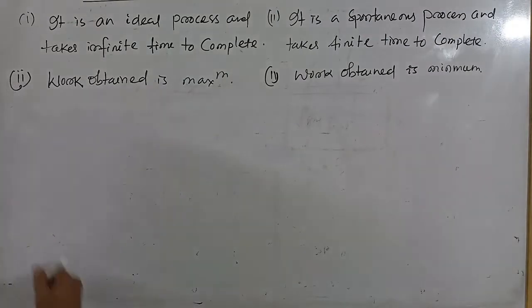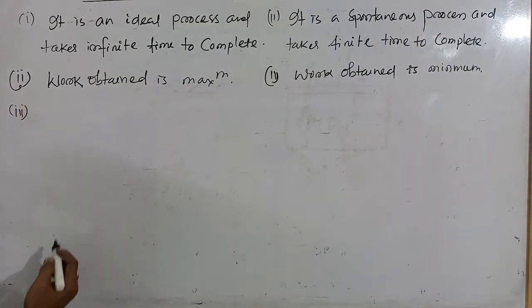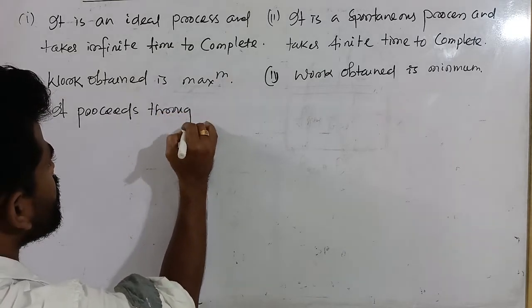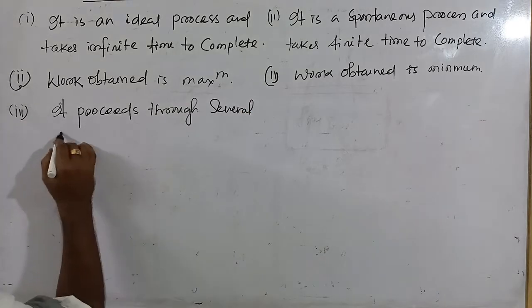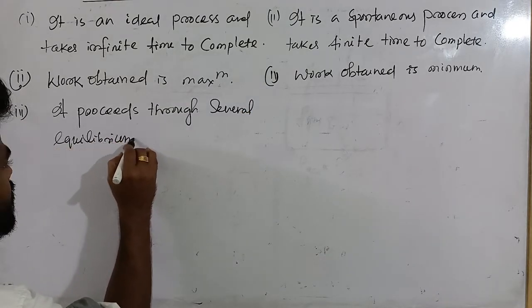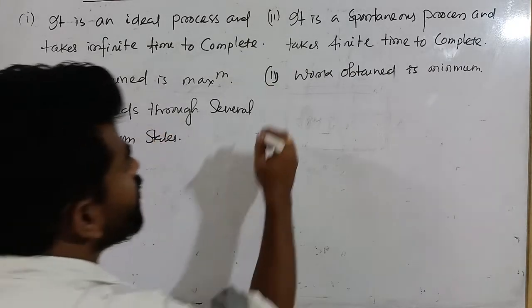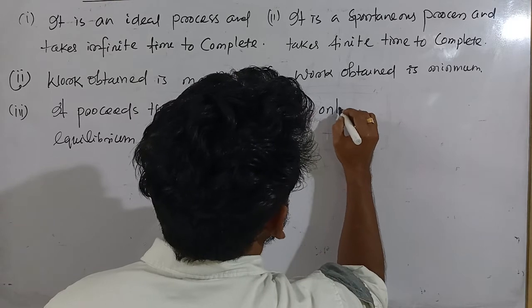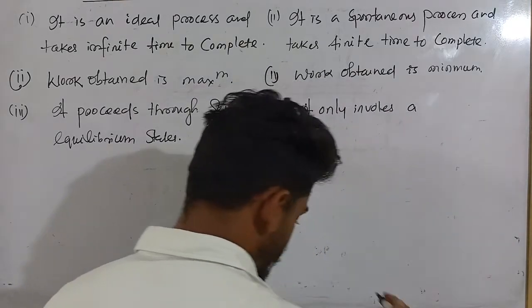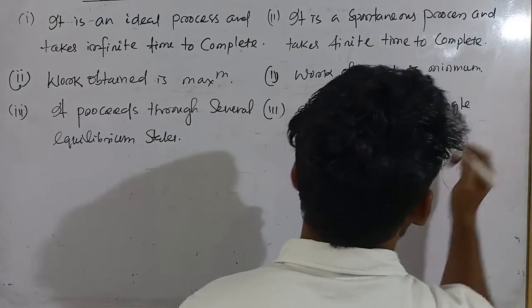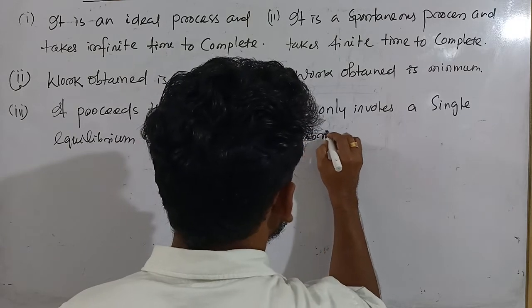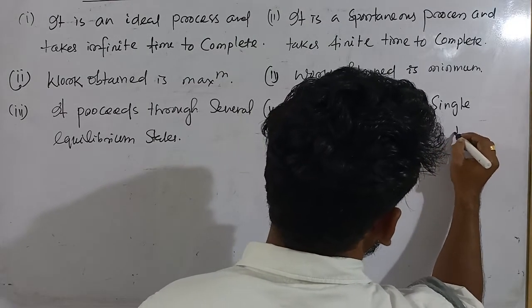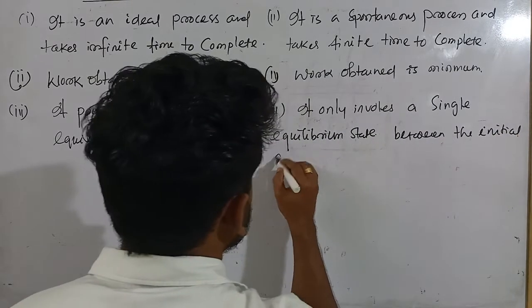Next, a reversible process proceeds through several equilibrium stages, or you can say equilibrium states, while an irreversible process only involves a single equilibrium state between the initial and final state.